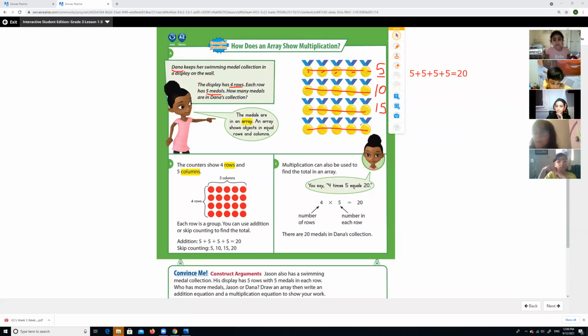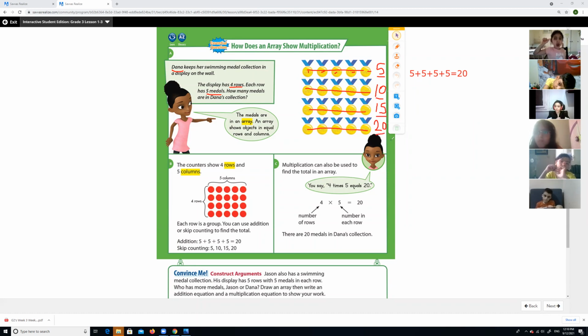Now add the last 5. 15 plus 5, 20. Excellent. So my skip counting will be 5, 10, 15, 20.